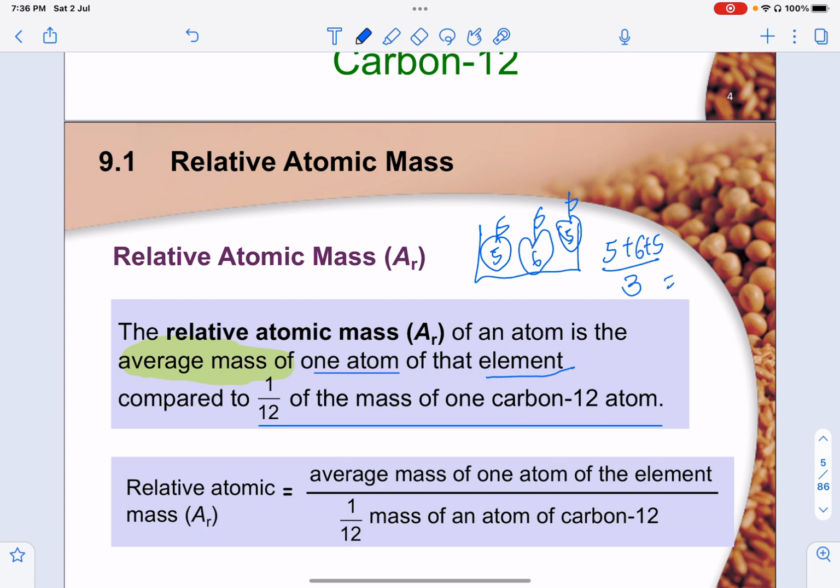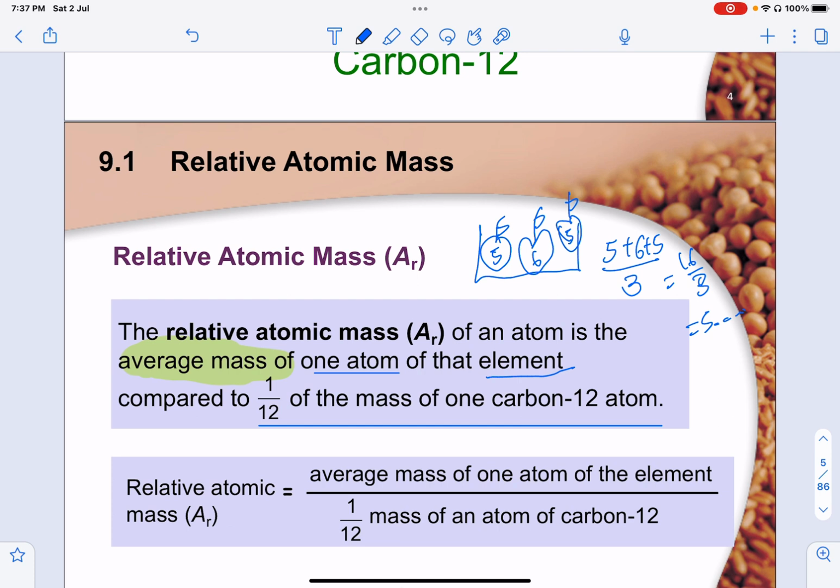In this case, 16 divided by 3, we have 5 point something. So this itself is what we mean by relative atomic mass.